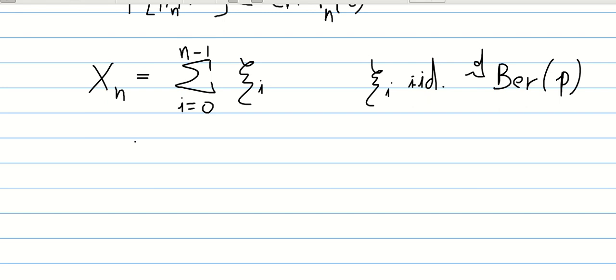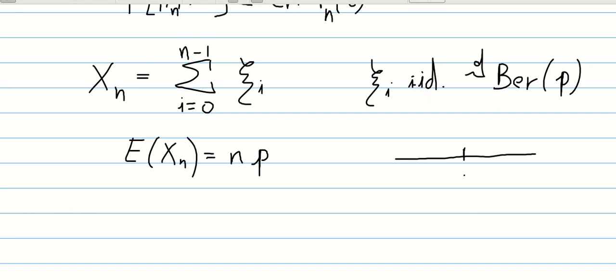We know that the expectation of X_n is going to be n times the expectation of psi. So we do expect it to be something centered around np.